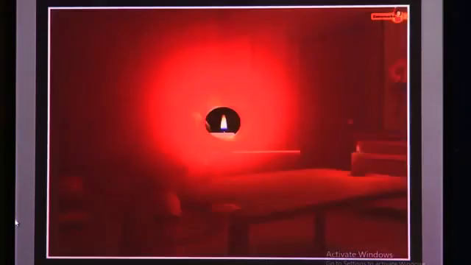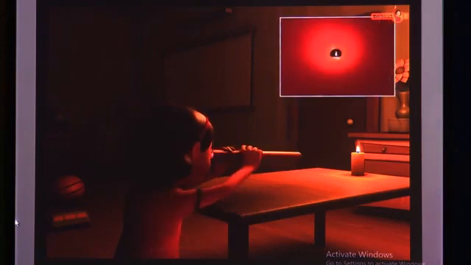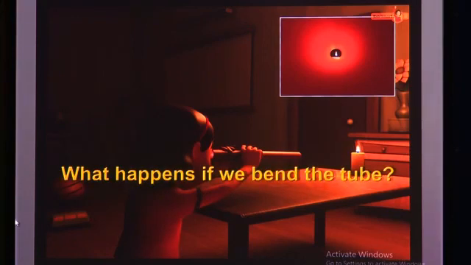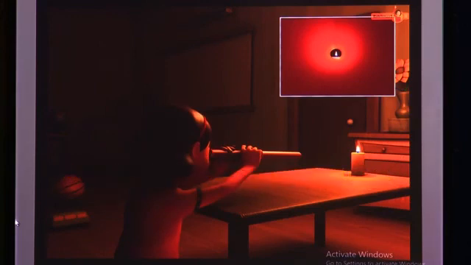We observe that we are able to see the lighted candle as long as the tube is kept straight. What happens if we bend the tube? Will you see the candle? No, we cannot see the candle now. Light cannot bend along the tube like water flowing through the tube.